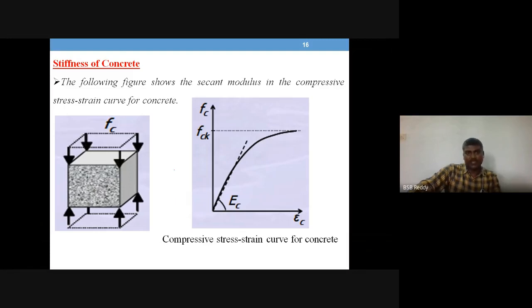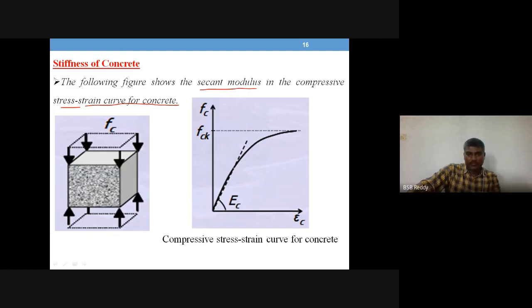So let us see what the secant modulus means. The following figure shows the secant modulus in the compressive stress strain curve for concrete. Take a concrete cube, apply compressive stress, and draw the stress strain diagram, and that is going to be nonlinear all the way.